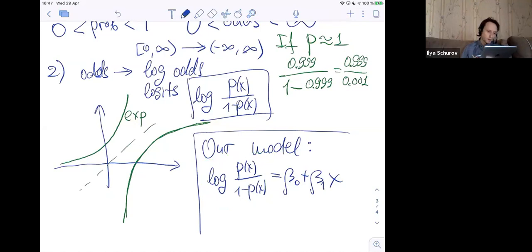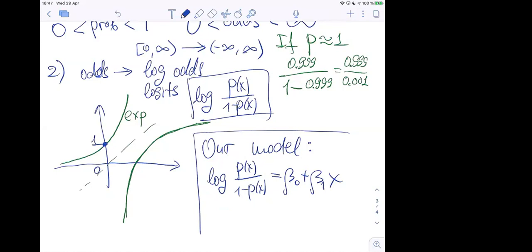By the way, if we have 0 here, what is the vertical coordinate of this point? What is exponent of 0? 1, correct.